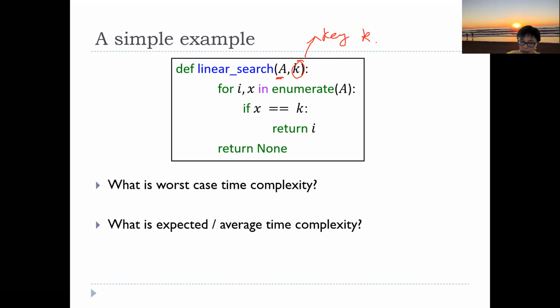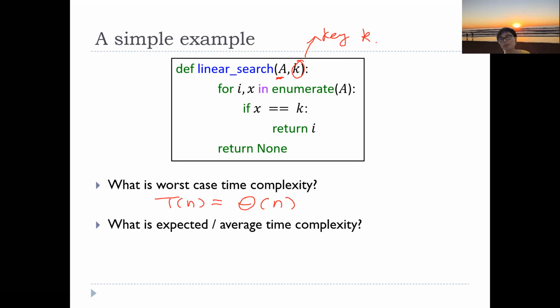If we cannot find it, we return none. What is the worst case time complexity? We already said that in the worst case, I have to enumerate every element in the array and check whether it's the key k or not. So for input of size n, it takes linear time. Now I ask, what is the average running time of this?